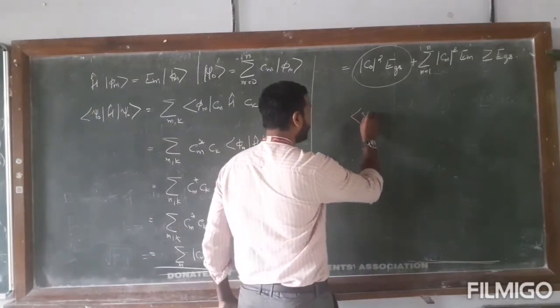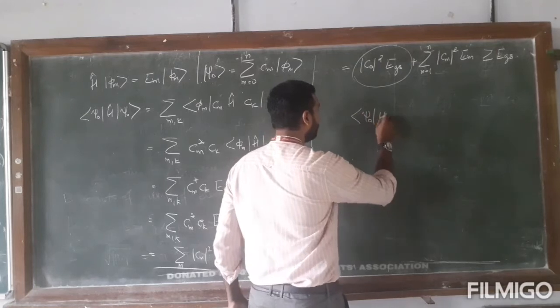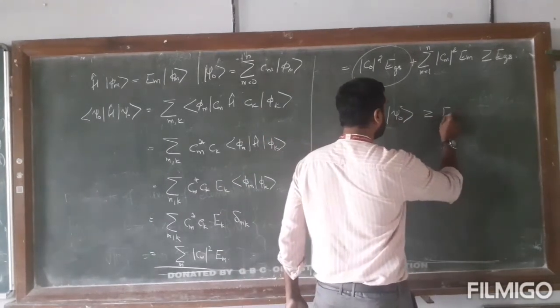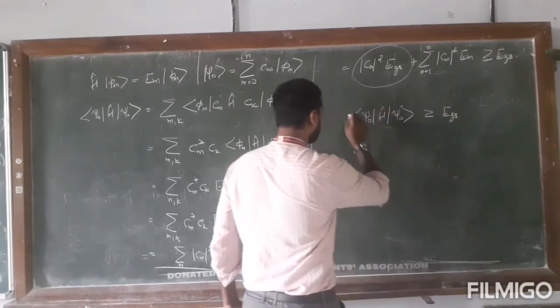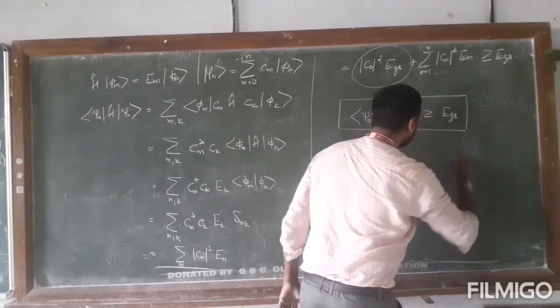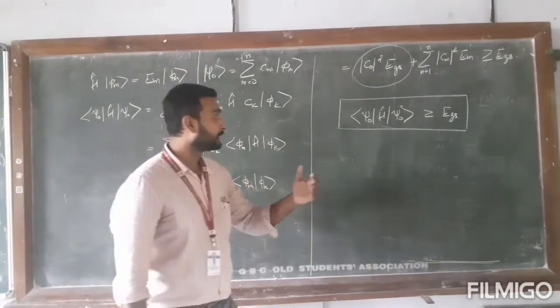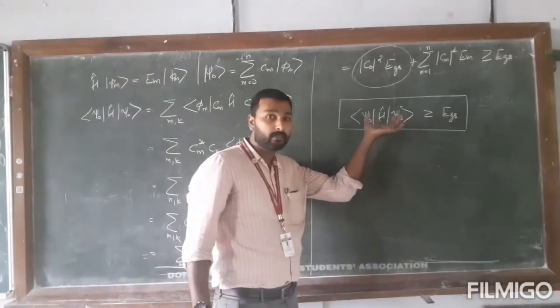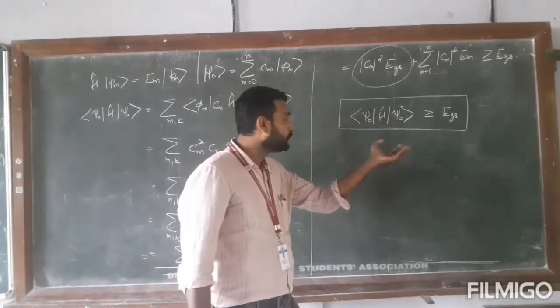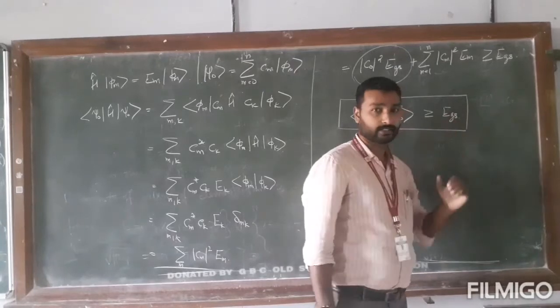So that is our statement. The first statement is the variation principle, that is, ⟨psi 0|H|psi 0⟩ is always greater than or equal to EGS. So that means if you minimize ⟨psi 0|H|psi 0⟩, then you will get a value which will be very close to EGS.